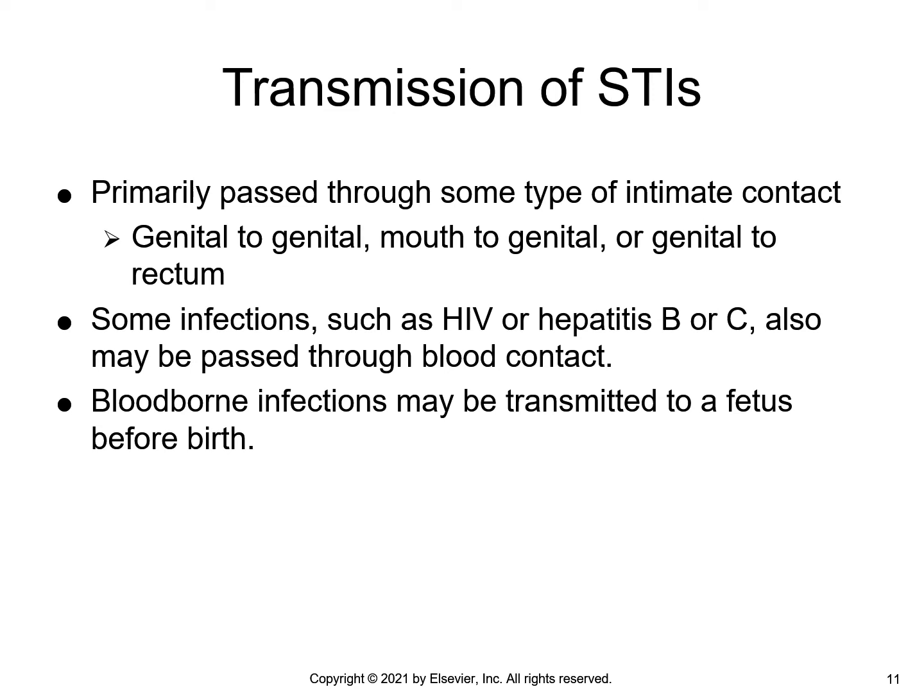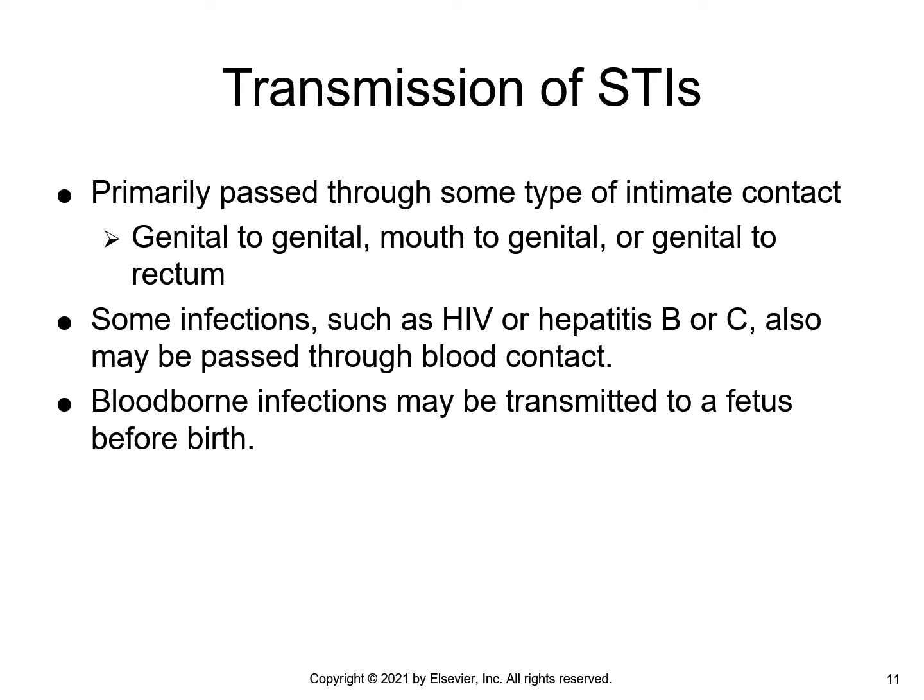Some infections, like HIV or hepatitis B or C, can also be passed through blood contact by sharing contaminated needles, or, rarely today, through transfusion with contaminated blood. Accidental transmission to healthcare personnel can occur with needle or sharp injuries, or by direct exposure to open wounds or body fluids.